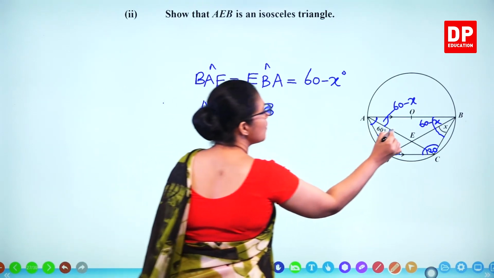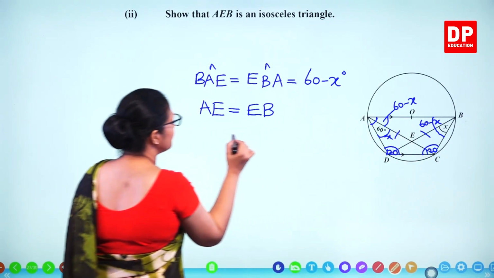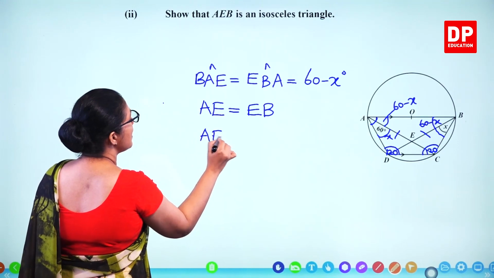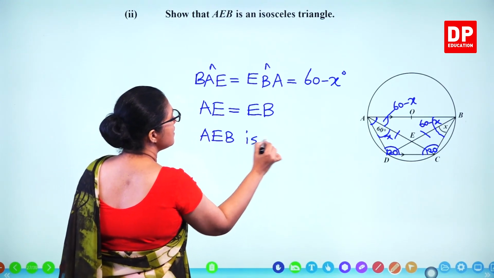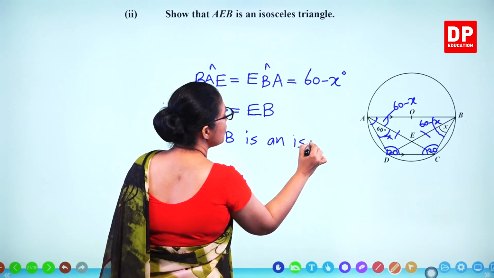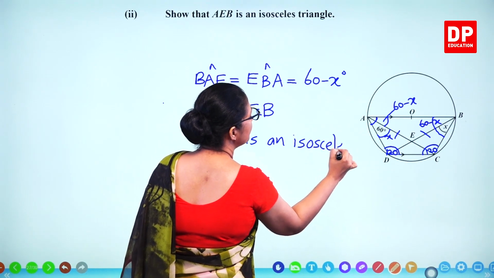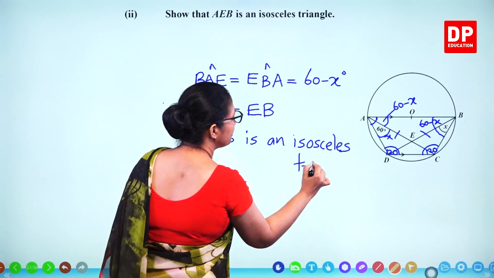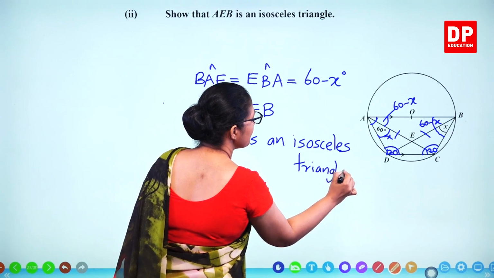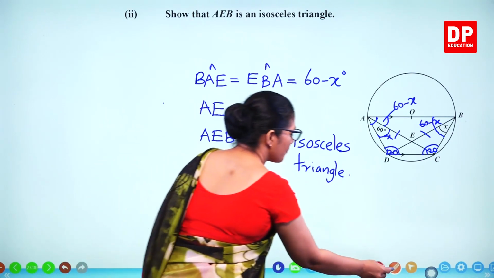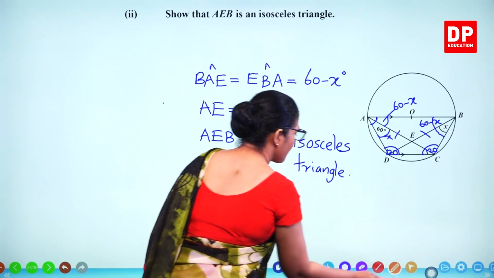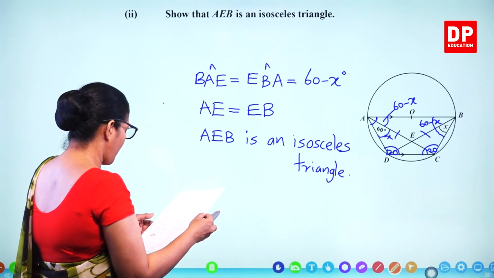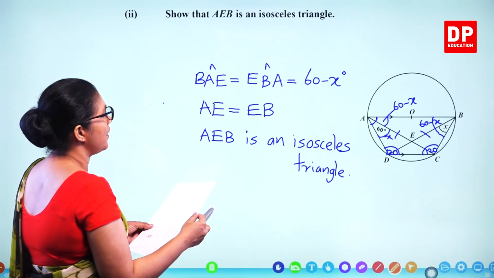Two lengths are equal. So AEB is an isosceles triangle. So 2 marks for that.